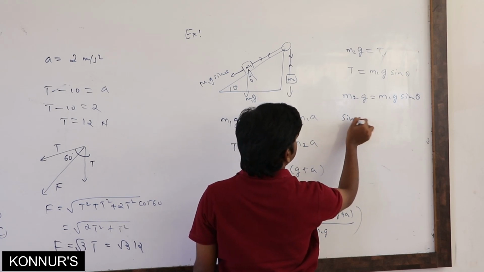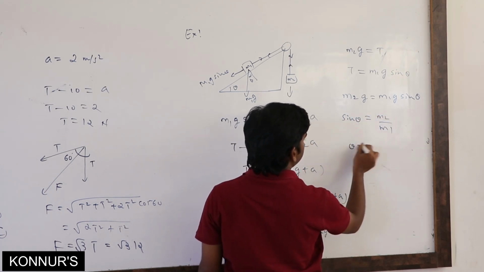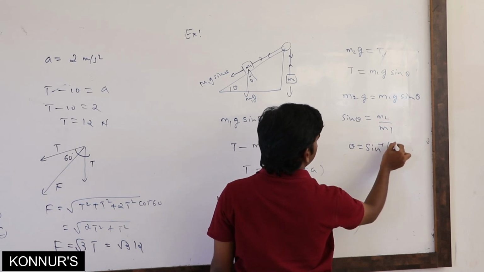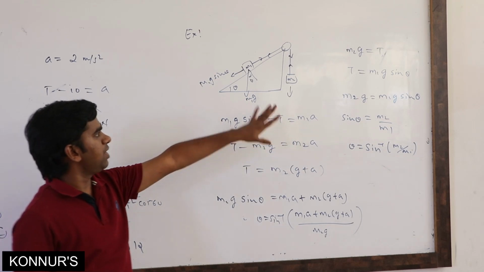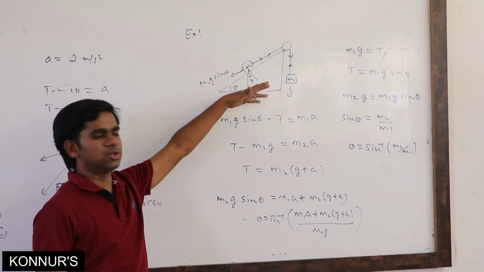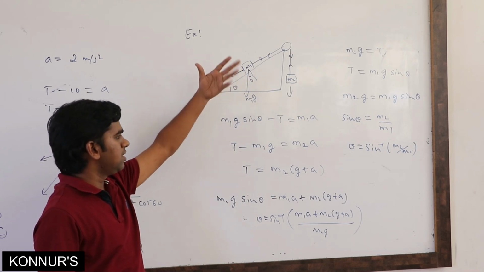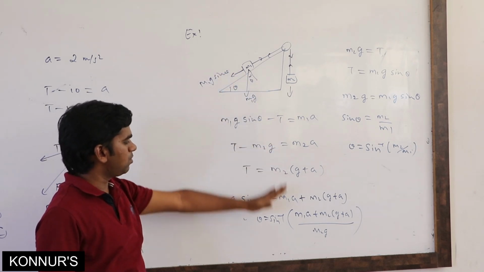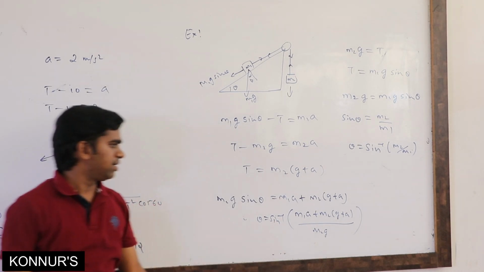So sin theta equals m2 divided by m1. So theta is sin inverse of m2 divided by m1. That is when it is in equilibrium, when bodies are not moving. If bodies are moving with some acceleration, then no need to go for that one. We have to solve, whatever may be a complicated answer, we have to go with that answer.